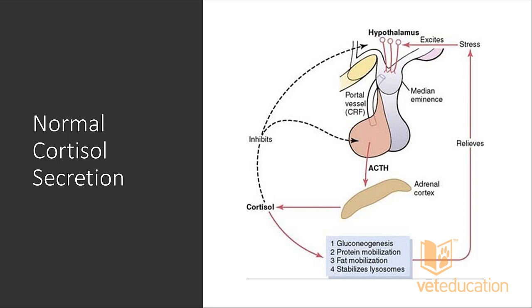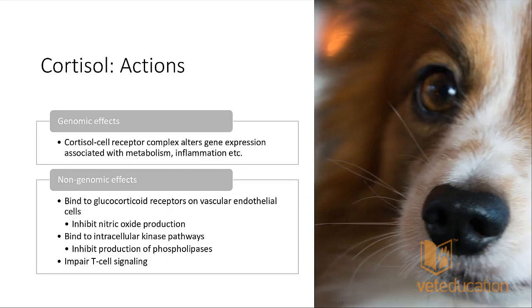The effects of cortisol in the bloodstream and in the tissues are to increase rates of gluconeogenesis, so new glucose formation, protein catabolism, fat catabolism as well, and to stabilize lysosomes. There are actually specific mechanisms, which we'll run into in a couple of seconds, whereby cortisol decreases the rate of activation of some enzymes within lysosomal organelles.